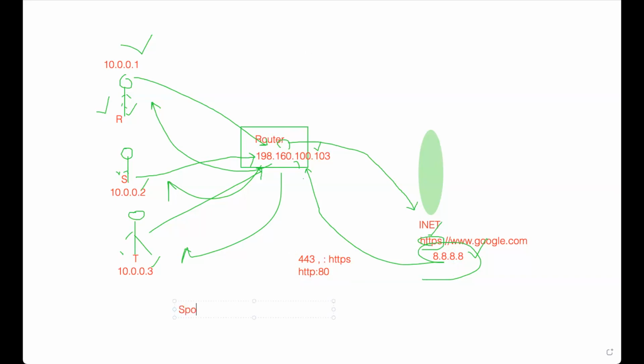So I know the source 10.0.0.1, destination 8.8.8.8, source port, a random high port in the range 10242 to 65535.